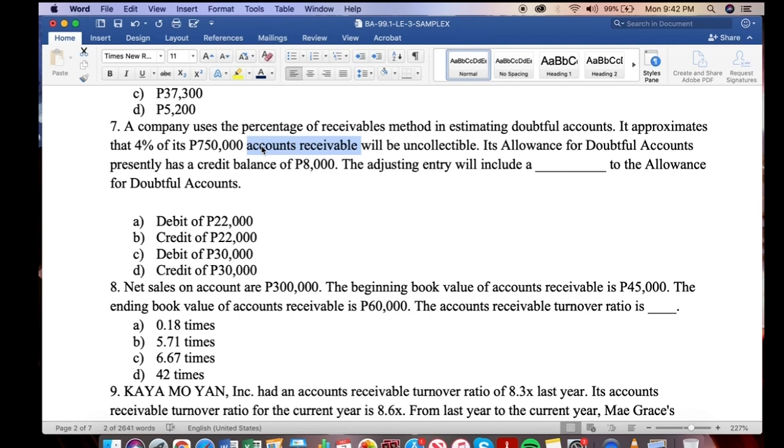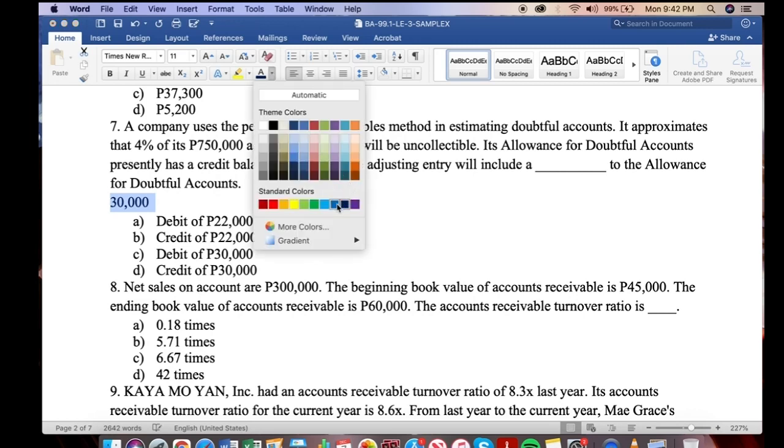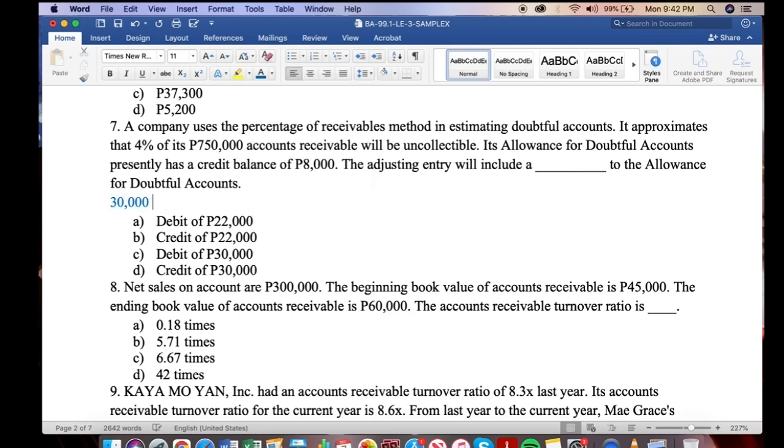So when we multiply 750,000 times 4%, makukuha natin 30,000. Itong 30,000, ano na to? This will be the required ADA.